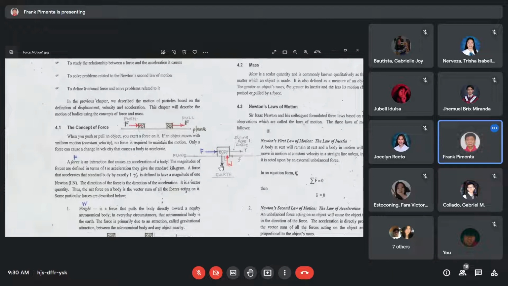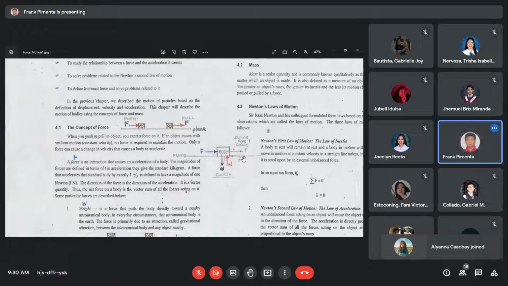Wait. It is drawn towards the earth, vertical. Okay. Normal force is the perpendicular force pointing, the two surfaces pressing each other. Okay.